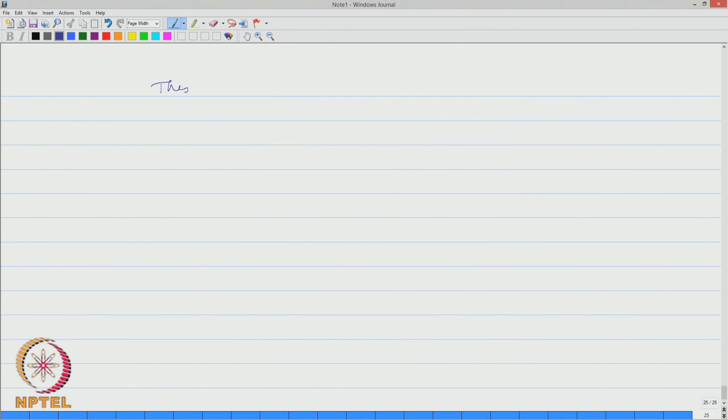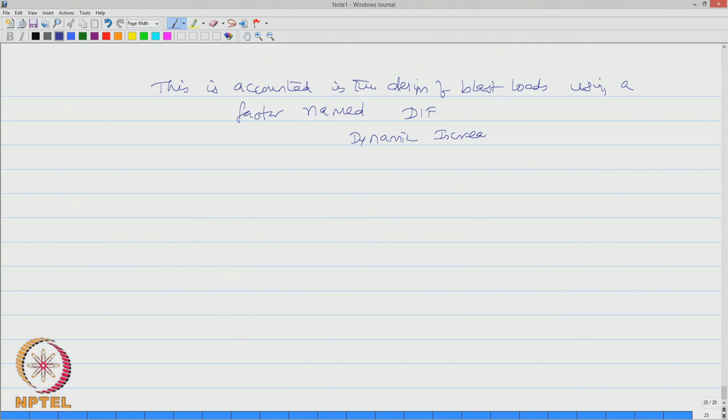So, this is accounted in the design of blast loads using a factor called DIF, dynamic increase factor.